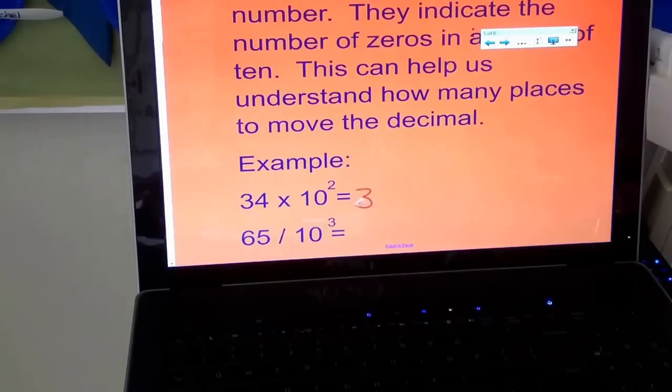So because I'm multiplying, I know I want to move the decimal backwards, 2 spaces. So in this case, 1, 2. I know that I have to fill in those empty spaces with zeros. In this case, I end up with 3,400.